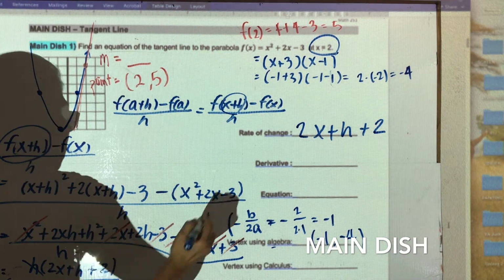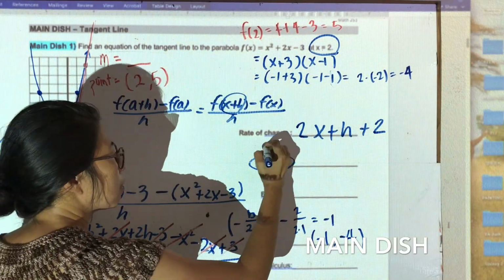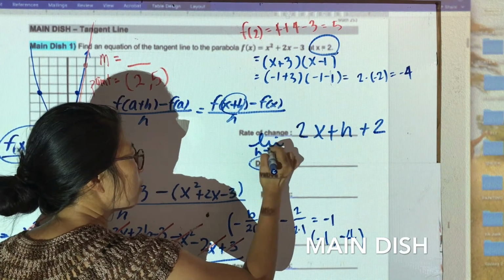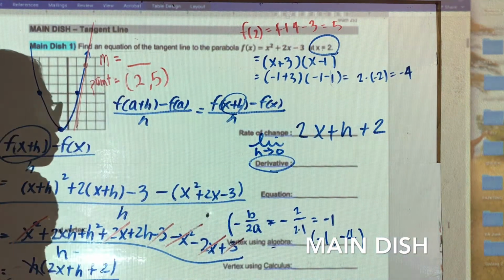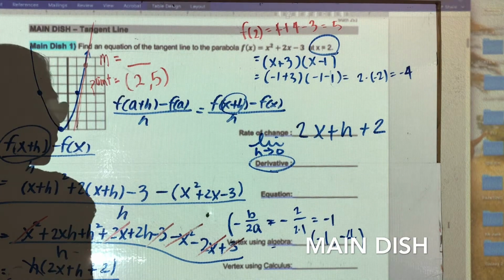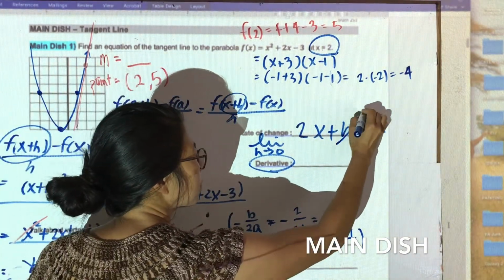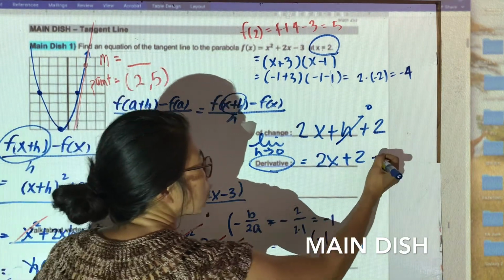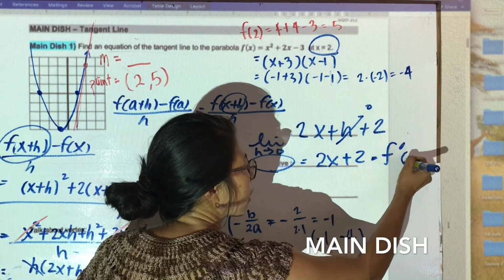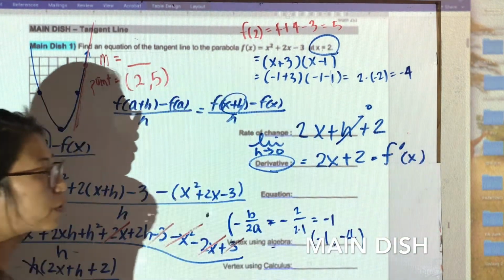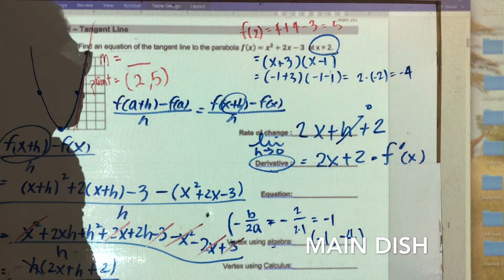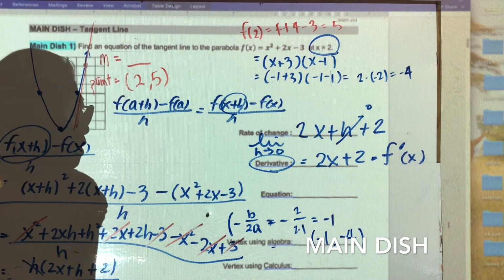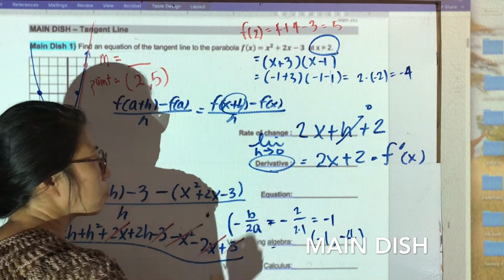Then what is a derivative? Derivative means I'm taking the limit as h goes to 0. So this time the derivative becomes 2x plus 2. We write it this way, f prime of x, the derivative of the original function. Then what does this do?